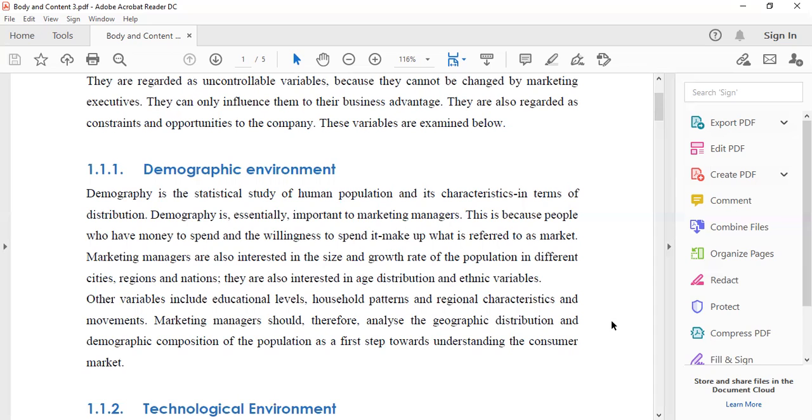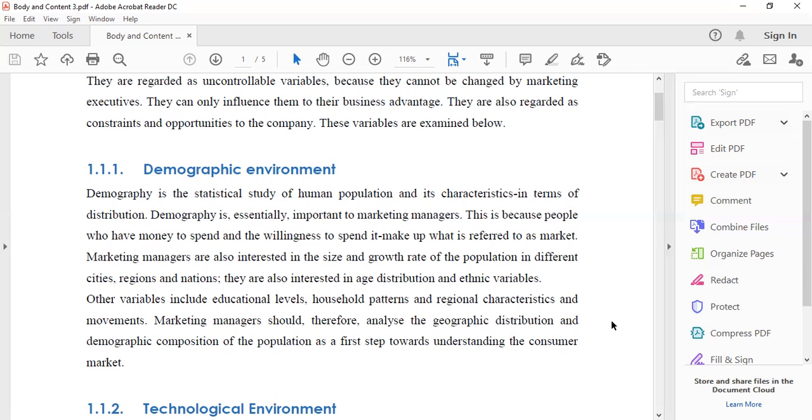The same thing applies to some regional characteristics or ethnic variables. For instance, a good look at the Nigerian market shows that some products are forbidden in certain religious contexts. Take for instance alcohol for the Muslims.